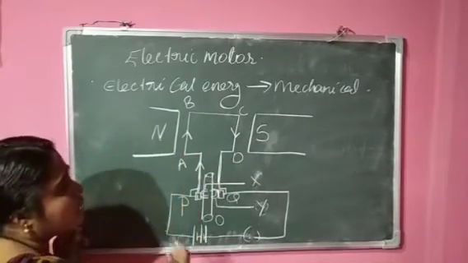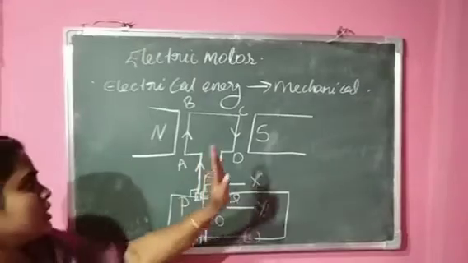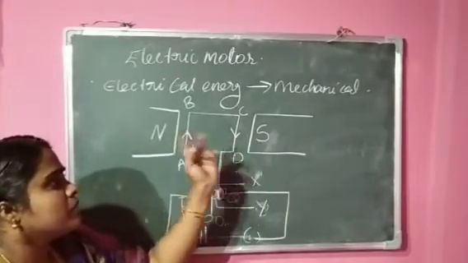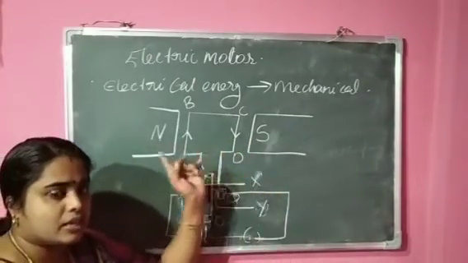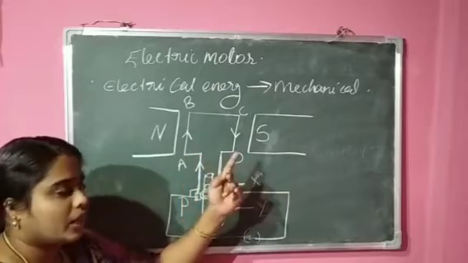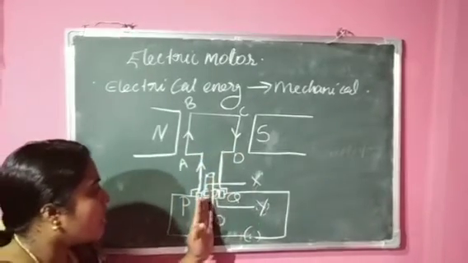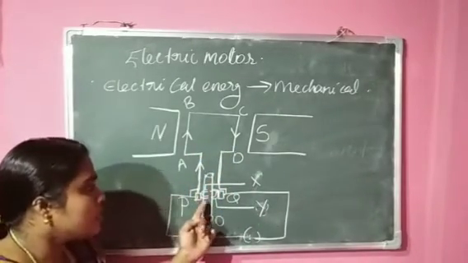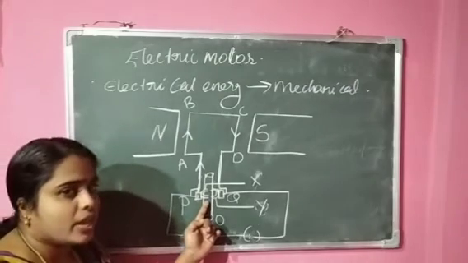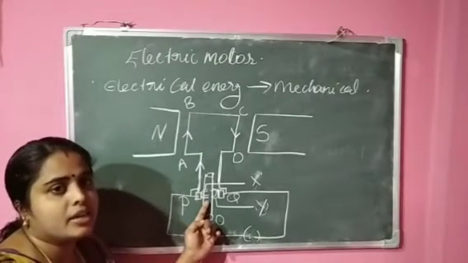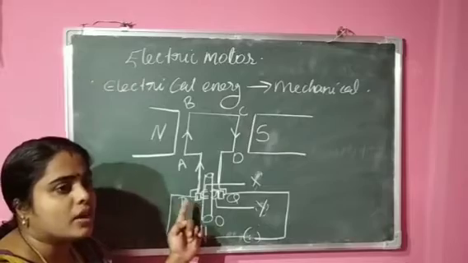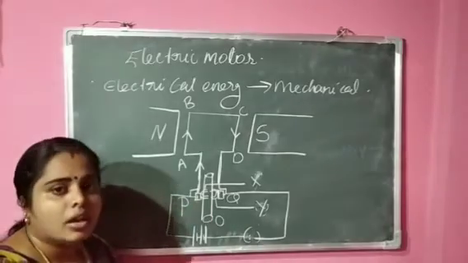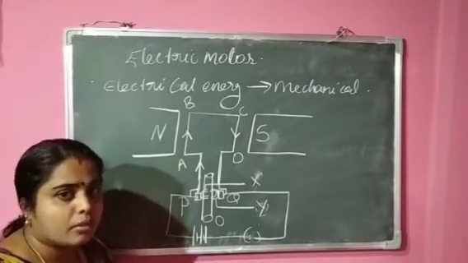So the conductor moves in anti-clockwise direction in the magnetic field. After each half rotation, these two split rings change the direction of current. So the function of the split ring is commutator. It acts as a commutator.